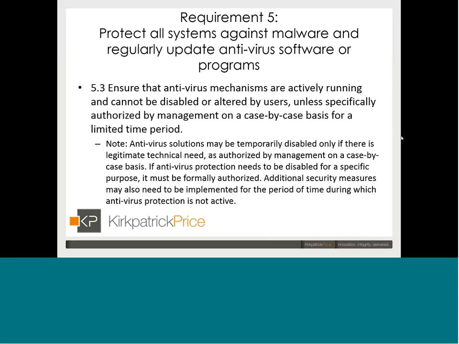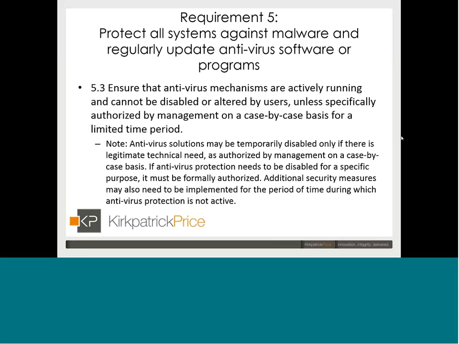So if you were to have a situation where you technically are not able to run antivirus on a Windows platform primarily, you're going to need to work with your QSA to possibly come up with some compensating controls that would help meet the rigor and intent of the original requirement to have that antivirus solution in place, or possibly look at another technical solution to meet whatever business need you have, because it would definitely be a violation of the DSS.